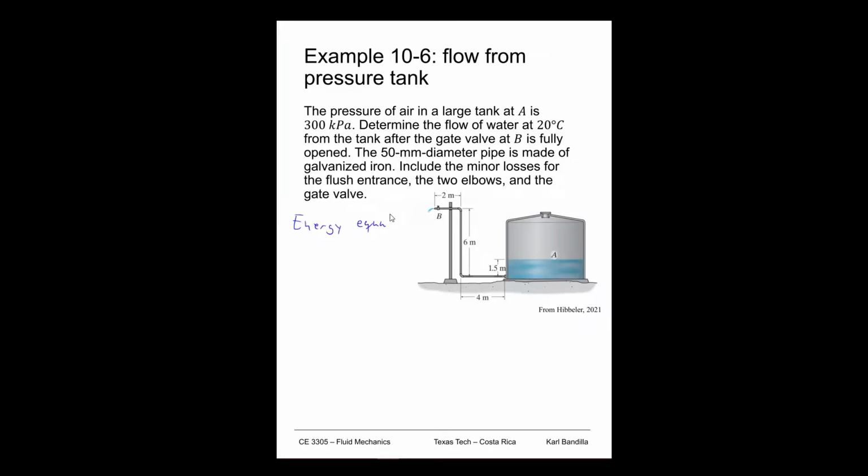We're going from A to B, so we'll have PA over gamma plus VA squared over 2g plus ZA plus H pump, equal to PB over gamma plus VB squared over 2g plus ZB plus H turbine plus HL.